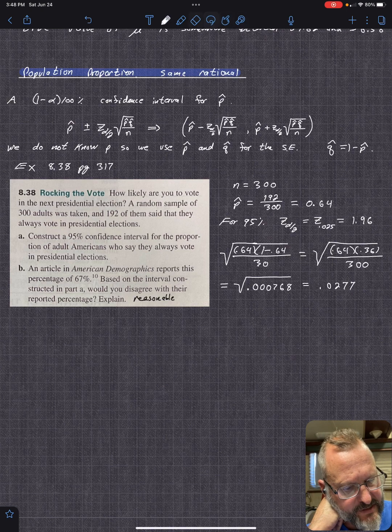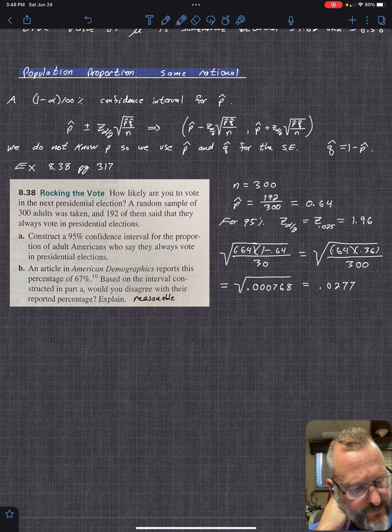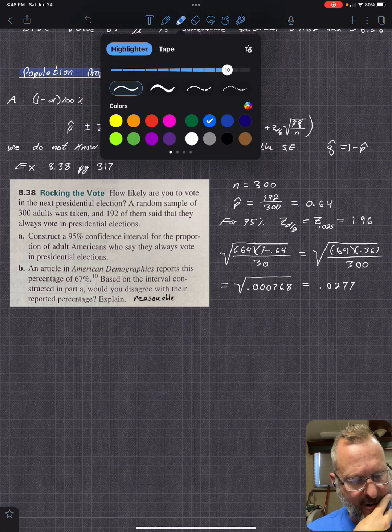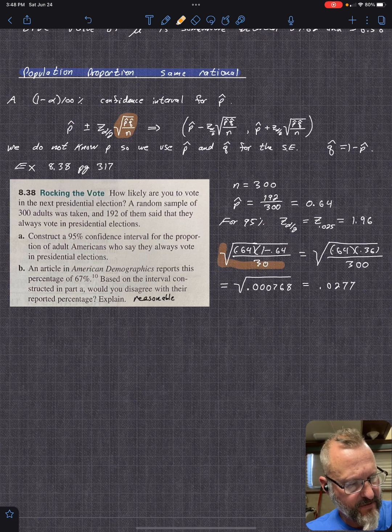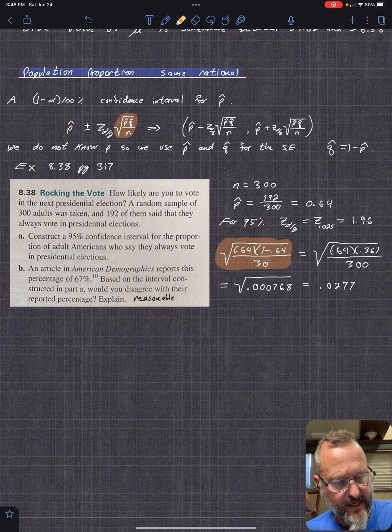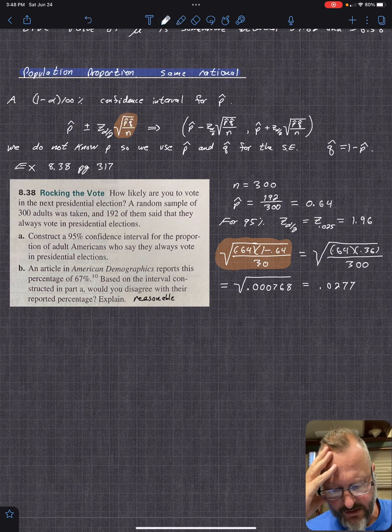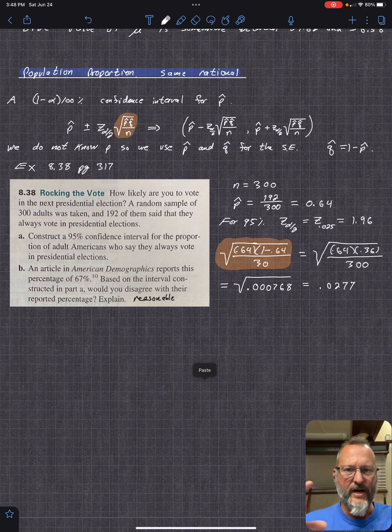So I just did this calculation here. We need that. Now we need to multiply by 1.96, or again, whatever confidence you want. Basically what it's doing is just widening or making smaller the interval.